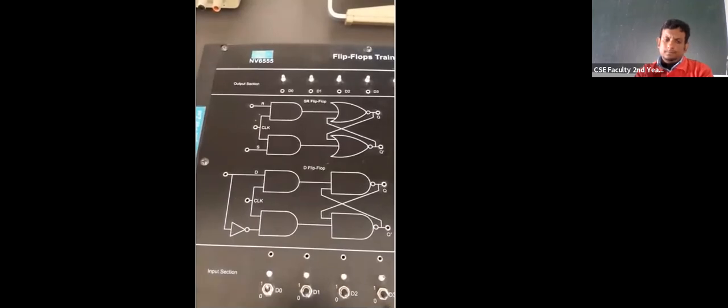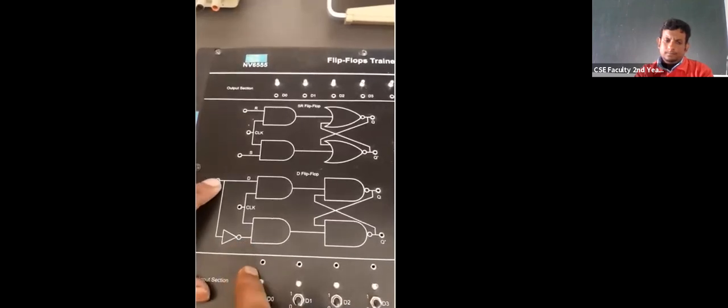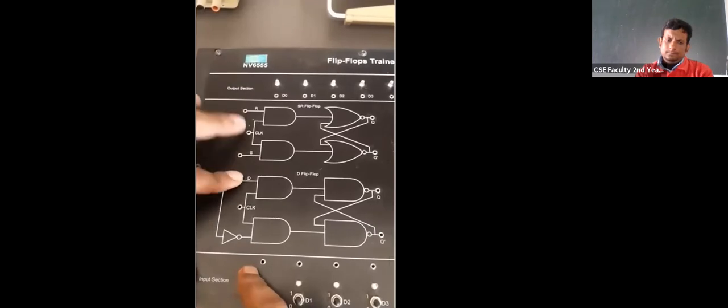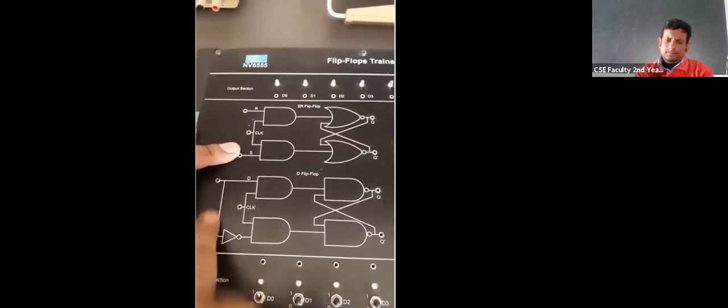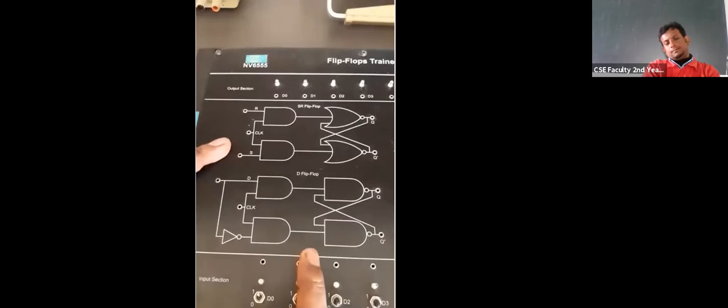But in theory classes we have discussed the difference between the SR flip-flop and D flip-flop. There is a very minor difference, which is that we place a NOT gate over here. Here you can see the NOT gate. If we place a NOT gate between both inputs of the SR flip-flop, then it becomes the D flip-flop, and this is how we can overcome the problem which we face in the case of the SR flip-flop. I have discussed it in detail in the theory classes.